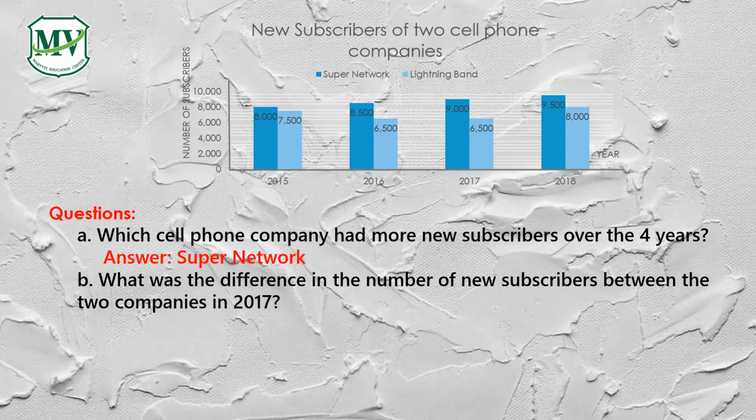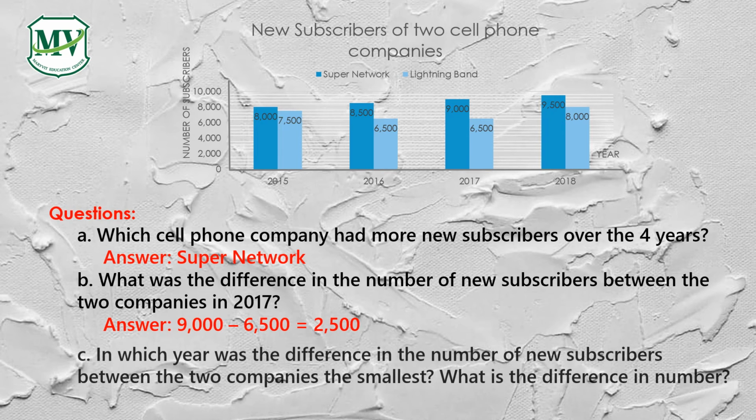Letter B. What was the difference in the number of new subscribers between the two companies in 2017? The answer is 2,500. 9,000 minus 6,500. The answer is 2,500.